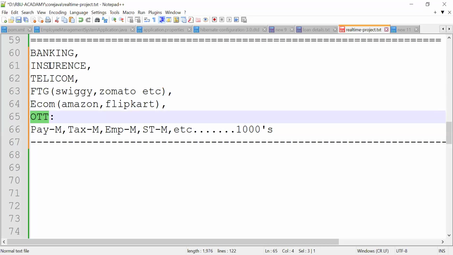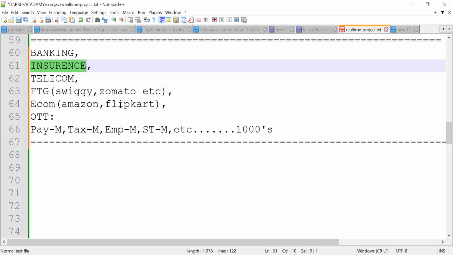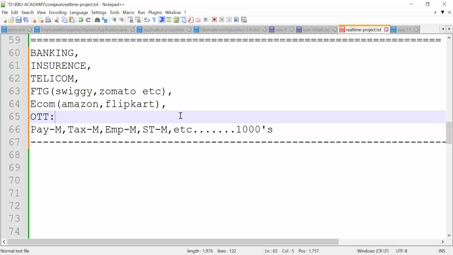Take any domain, they should follow regulatory or government regulations. Then they have to provide implementation. I mean, they have to start their business. Without following regulations, we should not do any business there.